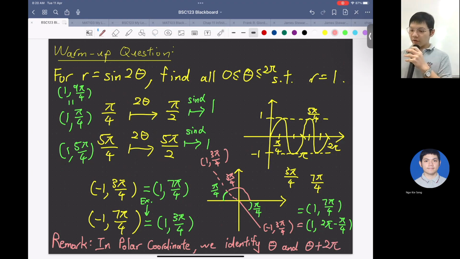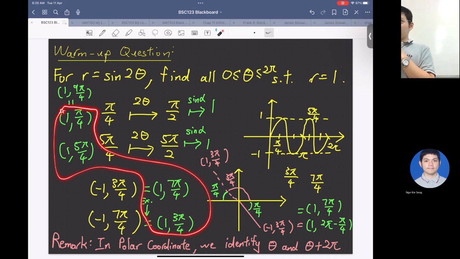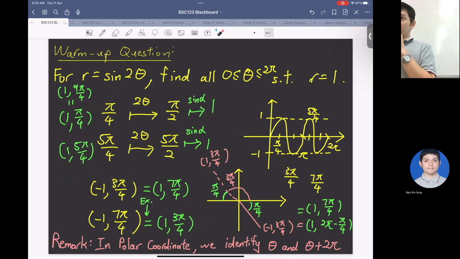But these 4 points are not 2 pi from each other, so they are different. They are all different points in 0 to 2 pi. Make sense or not?